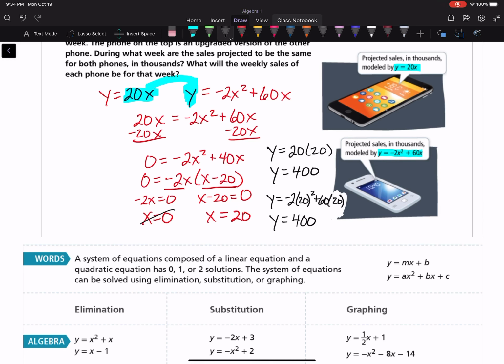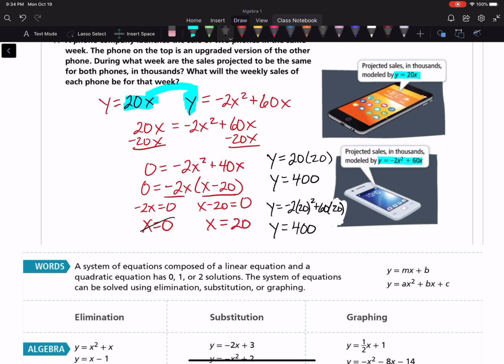Okay, so the first question says, what week are the sales projected to be the same? So that would be the 20th week. Okay, they are the same. And then what will the weekly sales of each phone be for that week? It would be 400. And actually it says, what will the weekly sales for each phone?